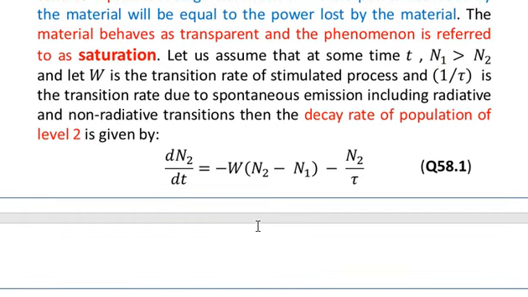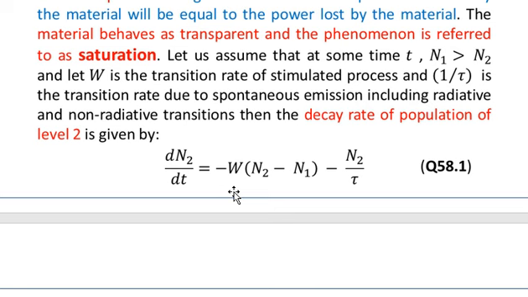You see that at saturation, the population of both levels is NT by 2. So N2 can be replaced by NT by 2 and N1 can also be replaced by NT by 2. The two terms in the parenthesis will cancel out and we have 0 over here. In the last term, which is N2 over tau, replace N2 by NT by 2. So you have NT in the numerator and 2 tau in the denominator. That's why we have 2 tau here, because at saturation the W will not be present.